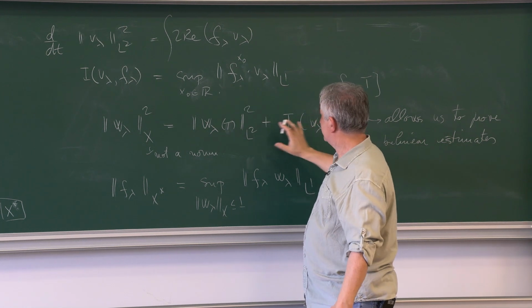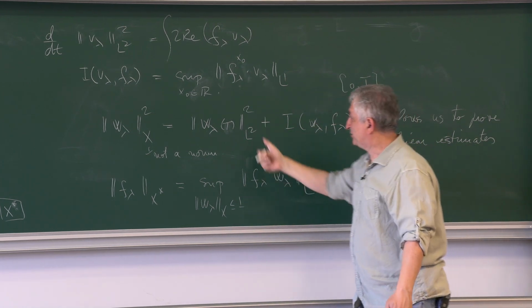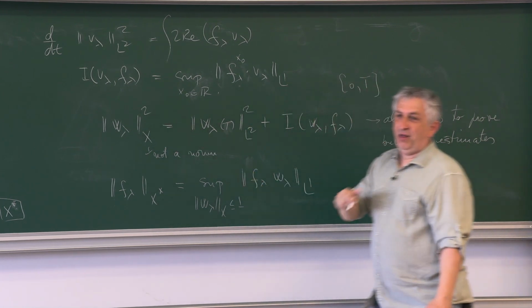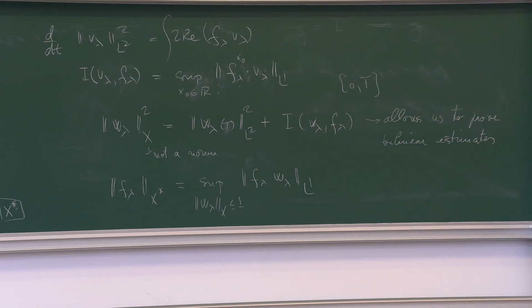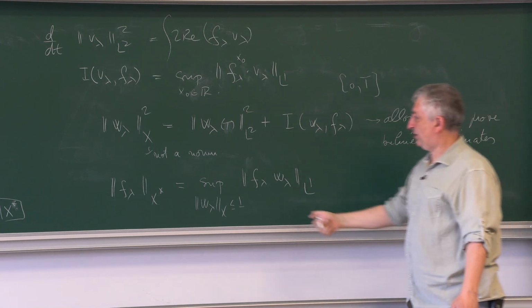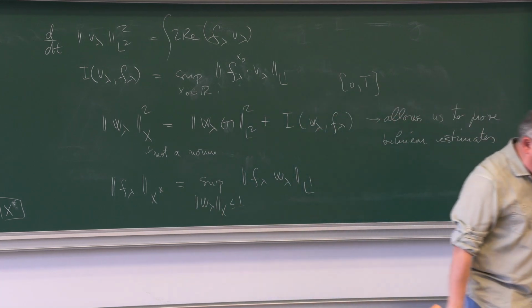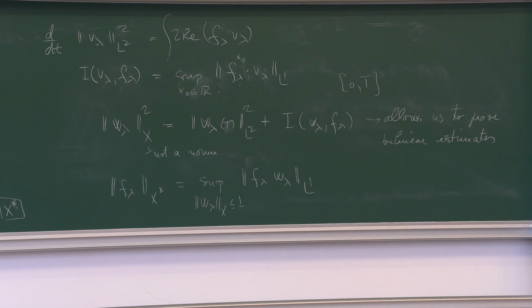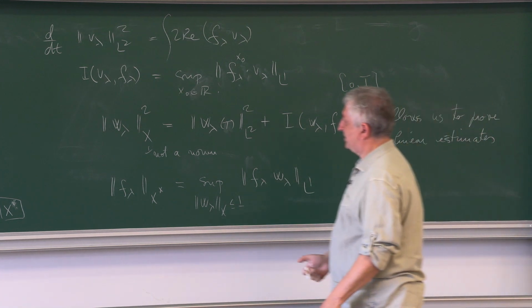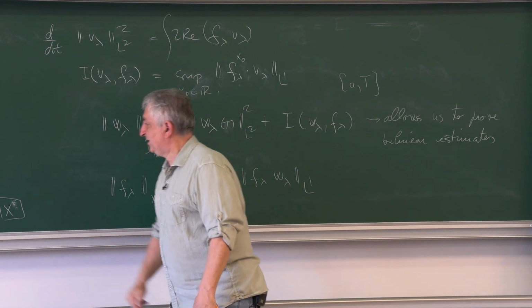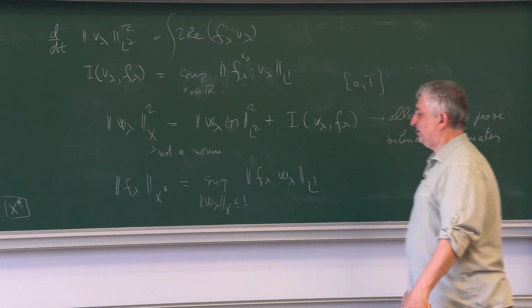So that's why we don't need the square over here. That's why I put squares here and here. So I think if X was a norm, then this would define the dual norm, right? But X is not a norm. All right. And so that's how we define this X dual.